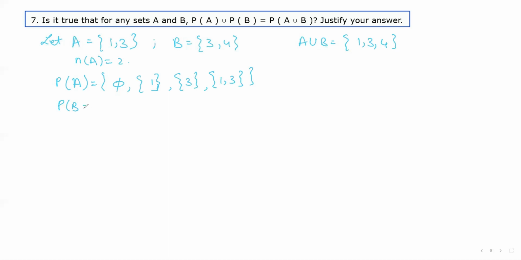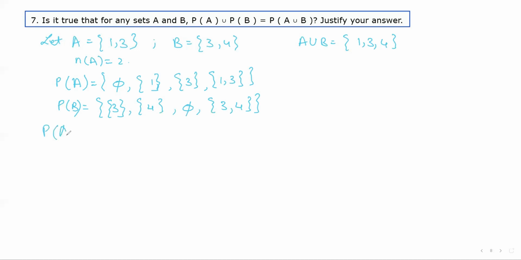Similarly, power set of B will have singleton set {3}, singleton set {4}, and the set itself {3, 4}. Again, number of elements in B is 2, number of elements in power set of B will be 4.